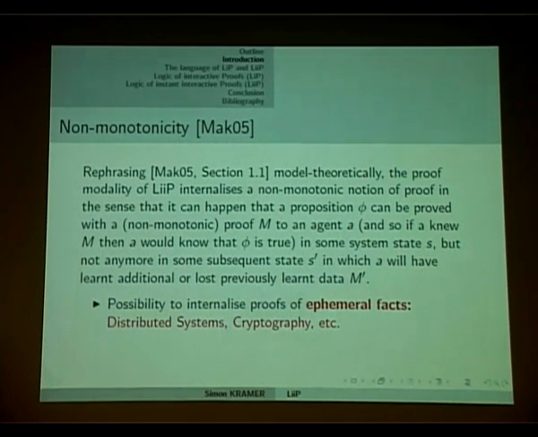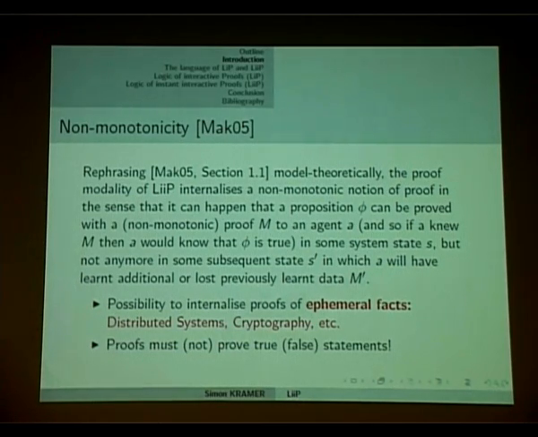If you encrypt a certain message and you want to keep it secret from certain people, then this secrecy is ephemeral, because it is sufficient to publish the key, I mean the decryption key, and then the secret is destroyed. So especially cryptography is full of ephemeral facts.